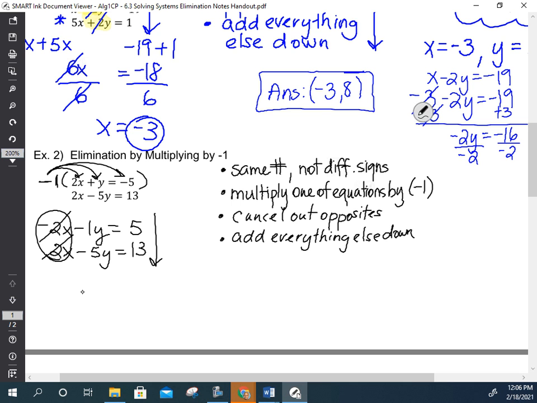Everything else you add going down. So negative 1y plus negative 5y is negative 6y. 5 plus 13 is 18. So that's an easy equation to solve. Divide everything by negative 6. So y equals negative 3.